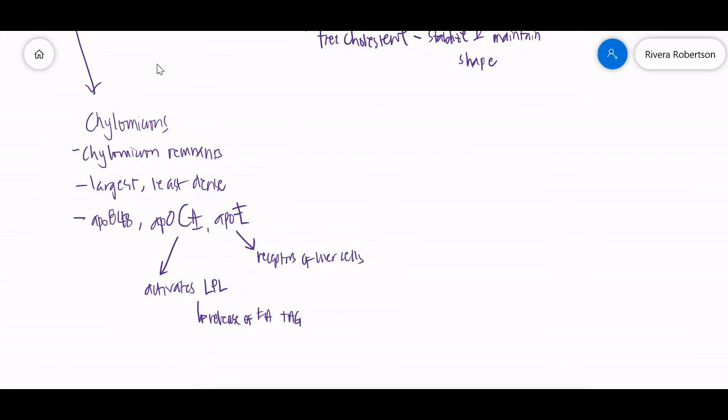Now, we also have your very low density lipoprotein, which gives rise to intermediate density lipoproteins and your low density lipoproteins. Pag nababawasan yung triacylglycerides ng VLDL, it will give rise to intermediate density lipoprotein. Tas kapag ito na bawasan ulit ng triacylglycerides, ito naman yung low density lipoprotein yung napoproduce.